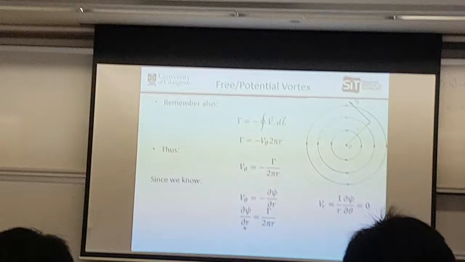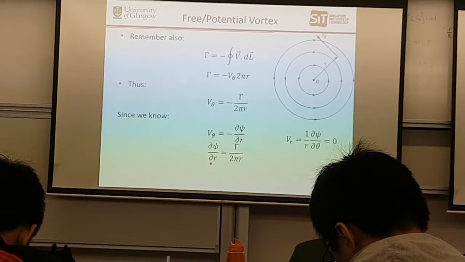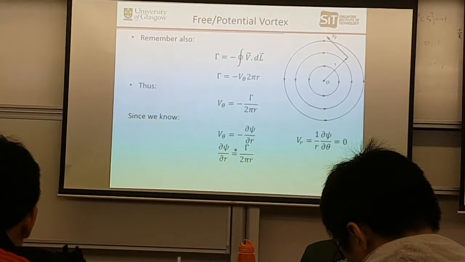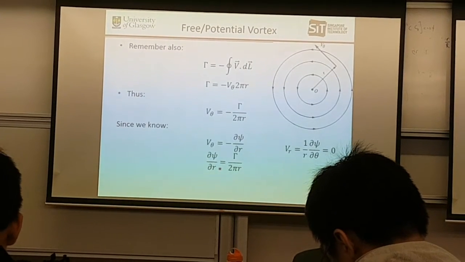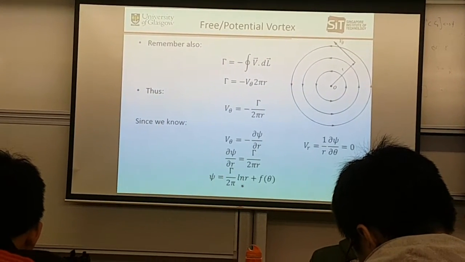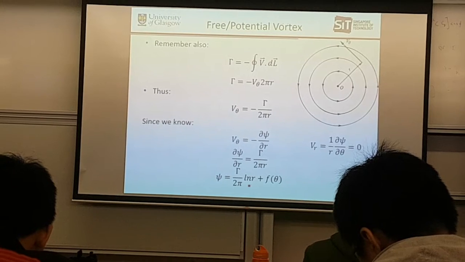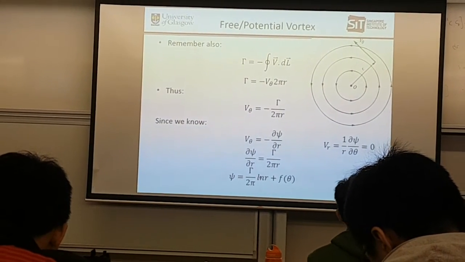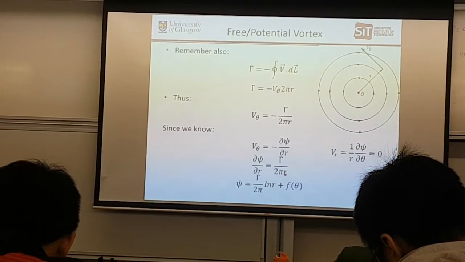If I integrate this, what do I have? My stream function is equal to what? I'll get tau over 2 pi times ln r. You understand why it is ln r, because I'm integrating 1 over r with respect to r.